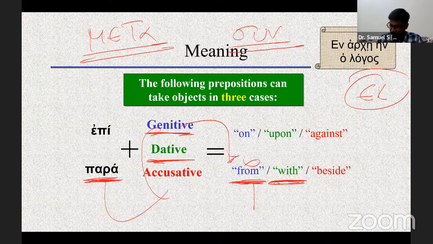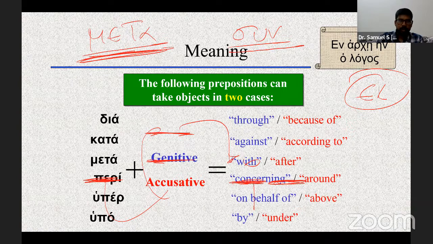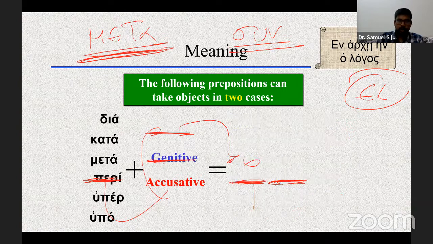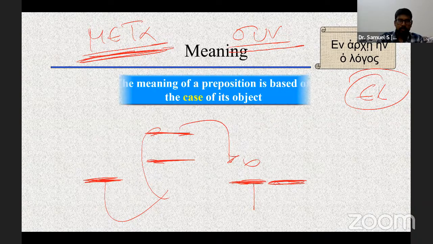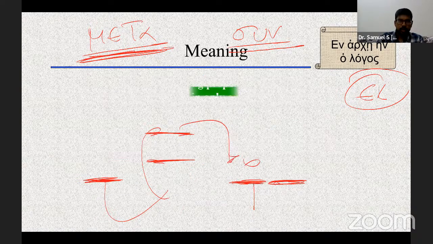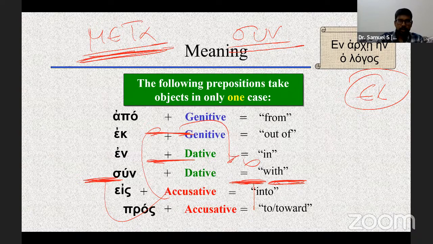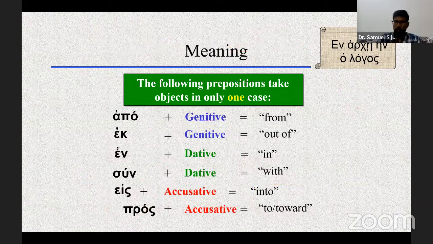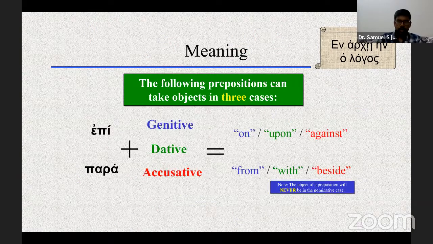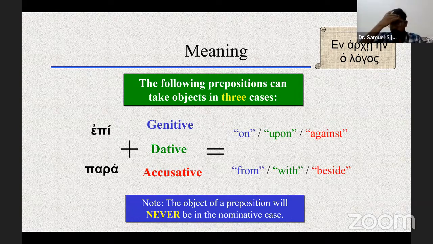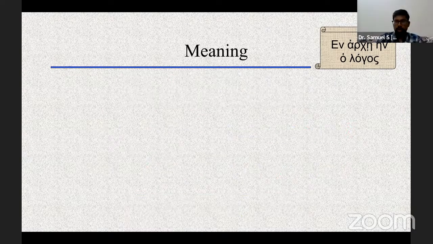Meta goes with the genitive. Soon plus dative is also with. And then para plus accusative is beside.